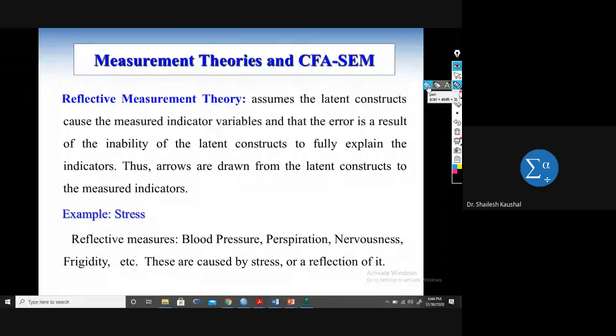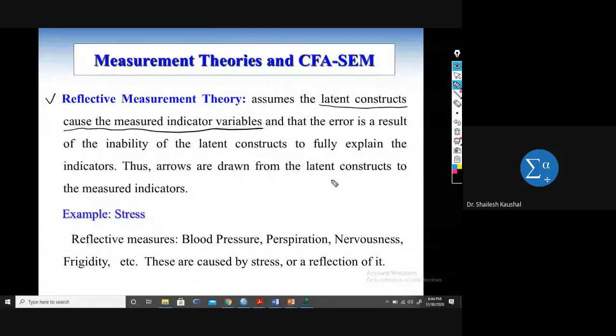Now the reflective measurement. I told you there are two types of measurement theory or model, one reflective and another formative. In the reflective model, we assume that the latent construct causes the measured indicator variables. This is the latent construct, like stress. Stress is influencing BP.